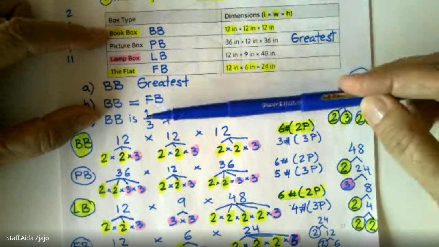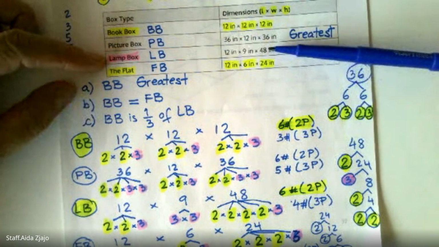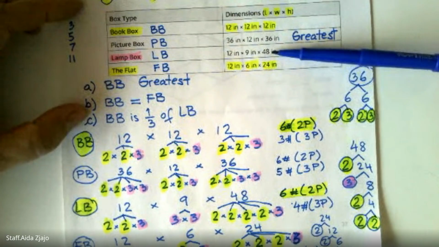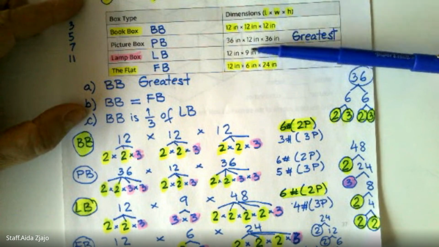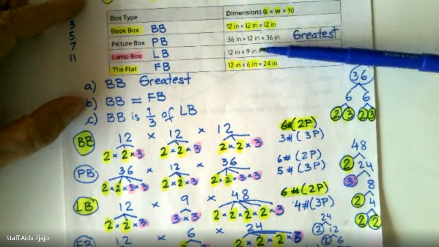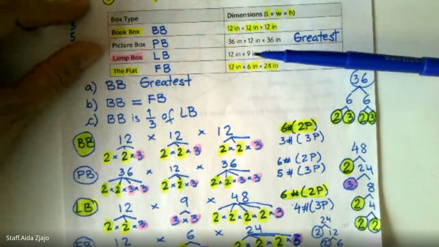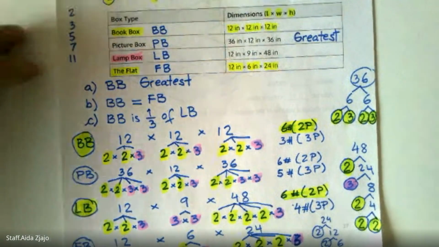You can see here that big number 48, that's 4 times 12. Even though this is smaller, it still could possibly be 1/3 of the LB.